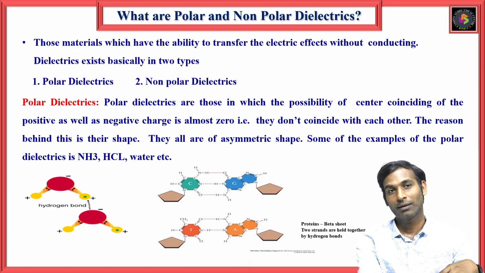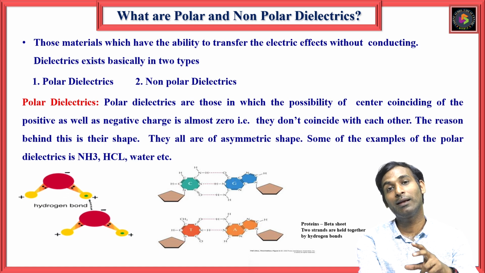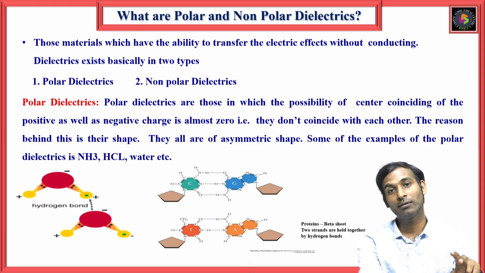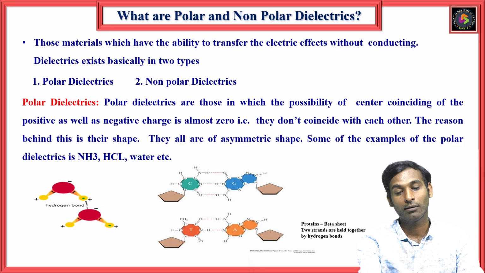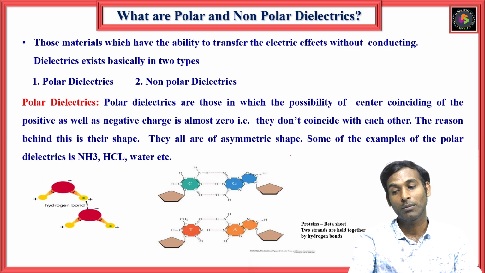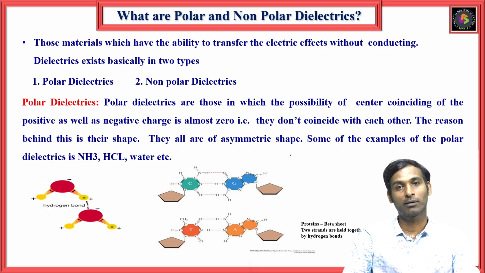Just like in the previous slide, we talked about the microwave oven. We keep a cup of water in the oven, and the water content will be heated first. It is dielectric heating. So the material is heated or not? If it is heating, what is the structure? It is an asymmetrical structure. Some examples of polar dielectrics are NH3, HCl and water.